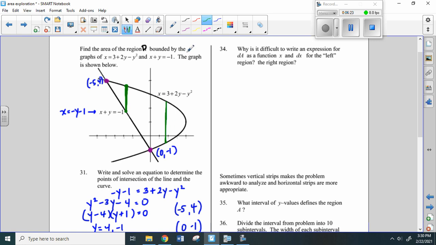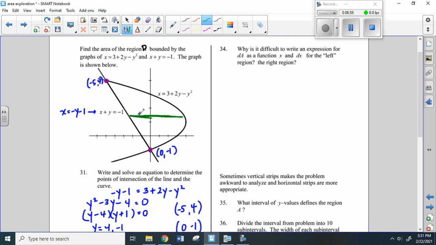All right, so as we move on to the next part, it goes on to say that sometimes vertical strips make the problem awkward to analyze, and horizontal strips are more appropriate. So what I'm saying is we're going to turn our strips horizontally, and we're going to draw our strips across the graph.